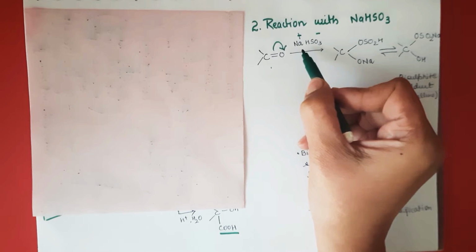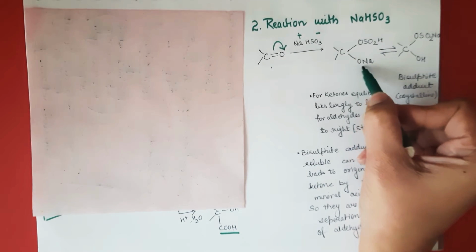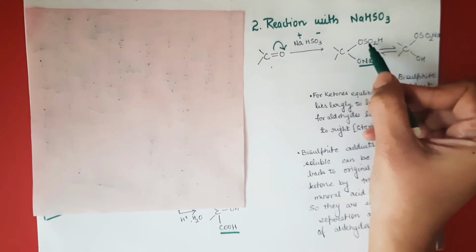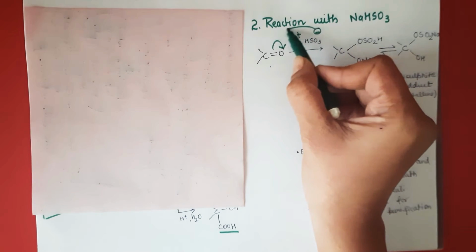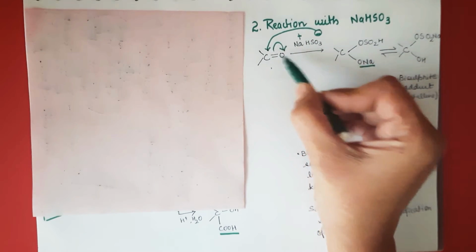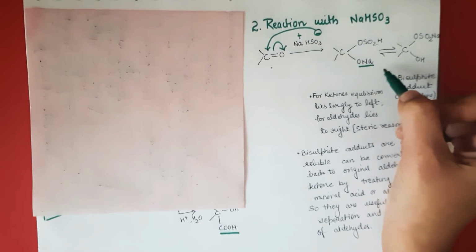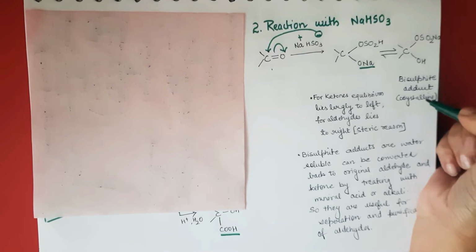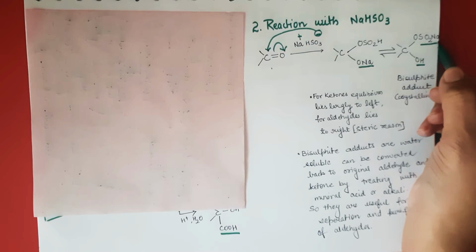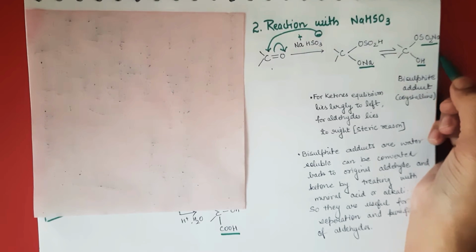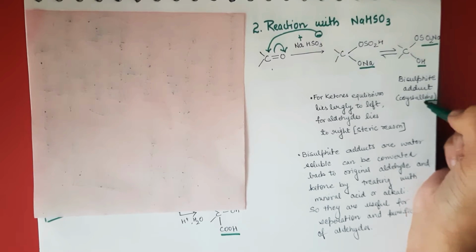Na is an electropositive element. So it forms ONa, and this carbon forms a bond with SO3H. This type of complex structure is formed, and then by hydrolysis it forms OH and the Na goes here. This structure is known as bisulfite adduct. It is crystalline in nature.